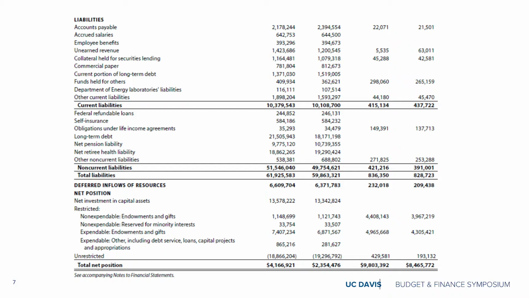Again, that's a function of recording our pension and post-retiree health. Those put us negative. It doesn't necessarily mean that we're negative, but because of those liabilities, it put the university from an unrestricted perspective in a negative position. Overall, though, you can see that we're at the $4 billion total positive net position. So hopefully this is interesting to you.